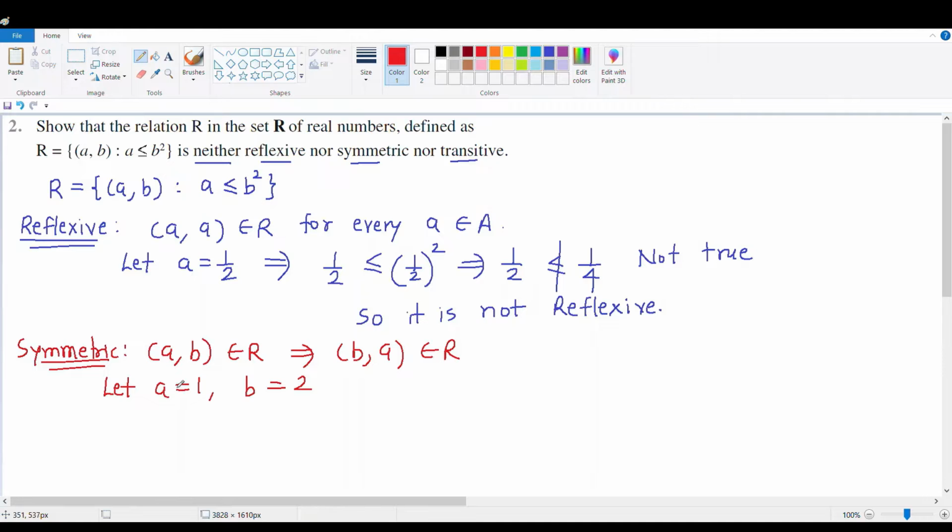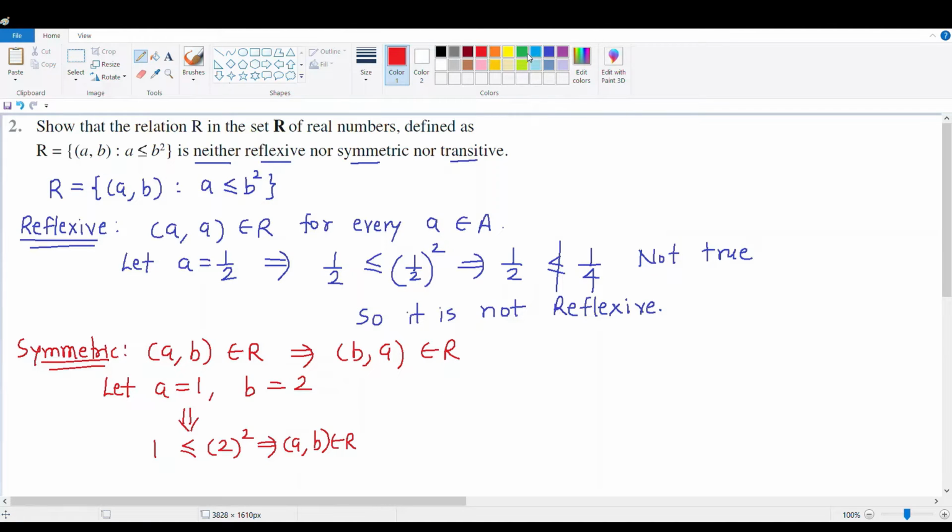So since (a, b) belongs to R, that means we are saying that (1, 2) belongs to R. So this means 1 is less than or equal to 2 square. Is that correct? Yeah, it is correct. 1 is less than or equal to 4 because 1 is less than 4. So yeah, (a, b) belongs to R.